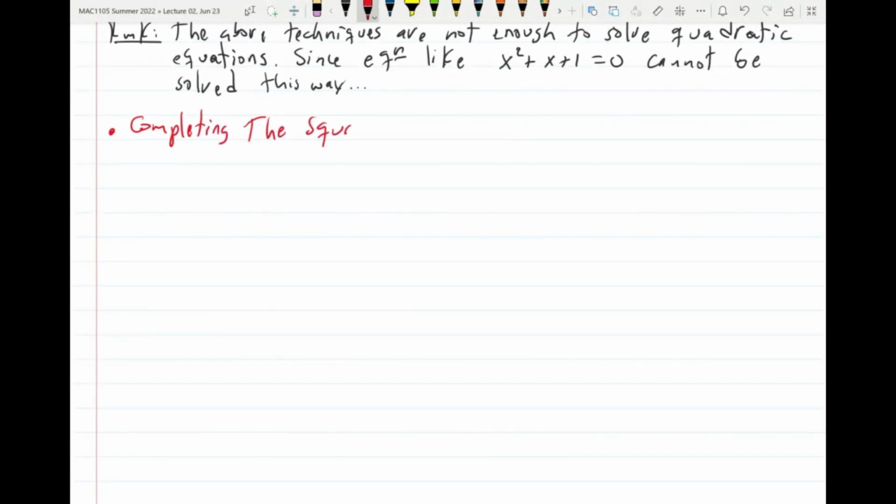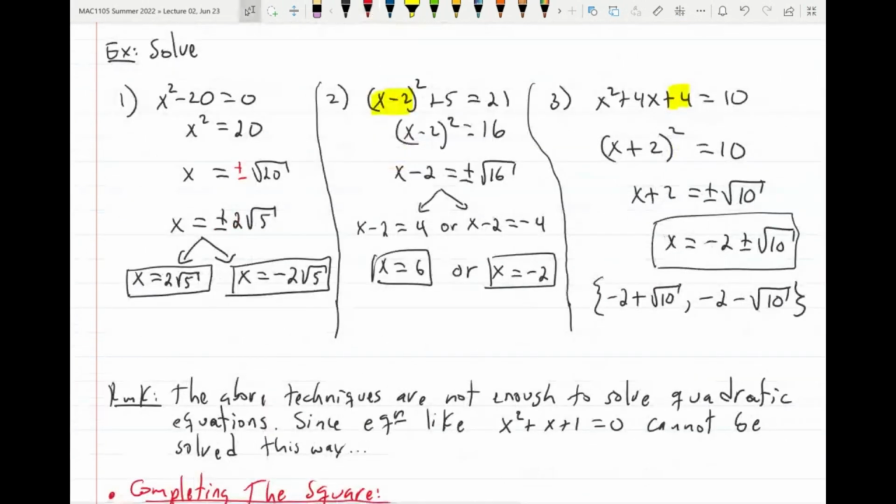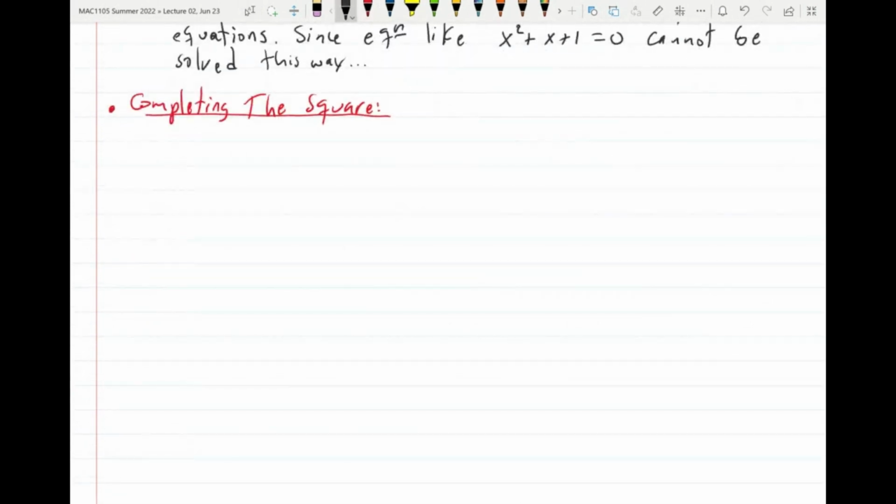So completing the square, like the name suggests, we're going to try to complete the square, to take something that's not a perfect square and make it a perfect square. Okay? So let us do some examples, and hopefully we're going to spot some sort of pattern. So factor x squared plus 6x plus 9.